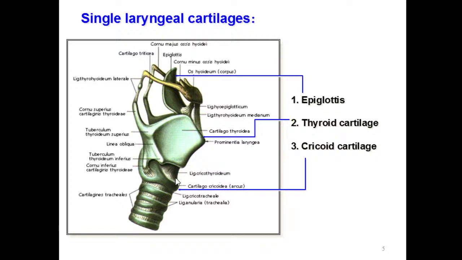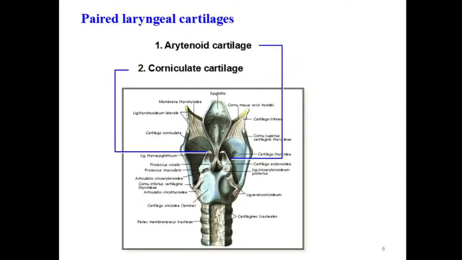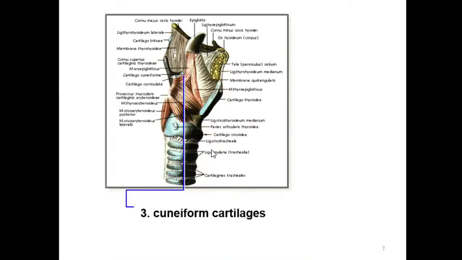Why it is important, we will speak a little bit later. Paired laryngeal cartilages are the arytenoid cartilage and corniculate cartilage, and here you can see small cuneiform cartilages.